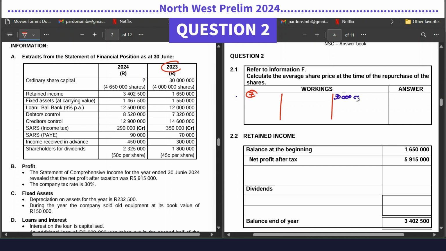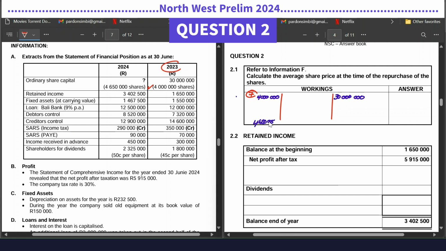But at the beginning, we're told that the shares were 4 million, and at the end, it is 4,650,000.